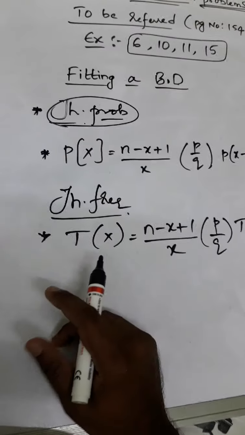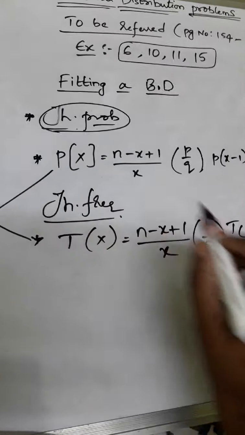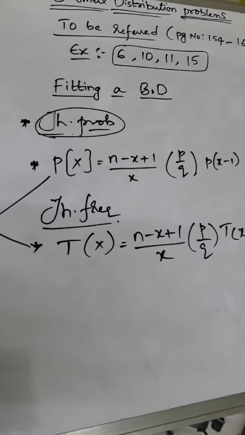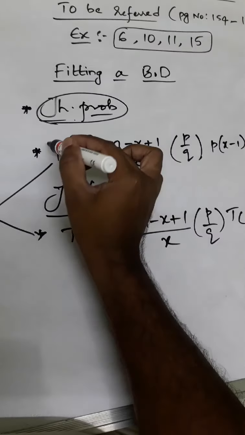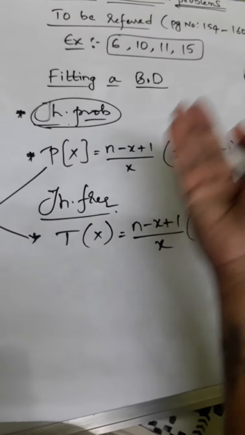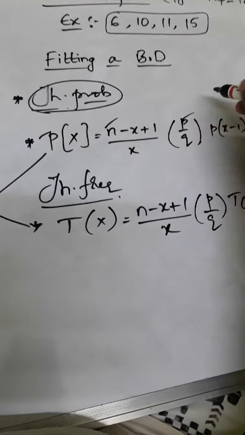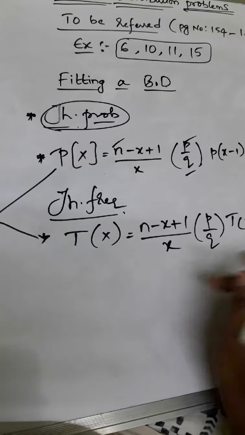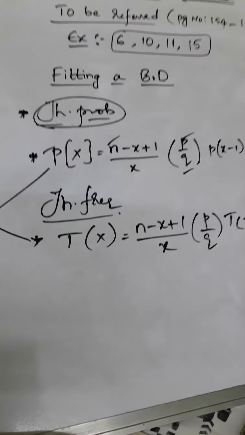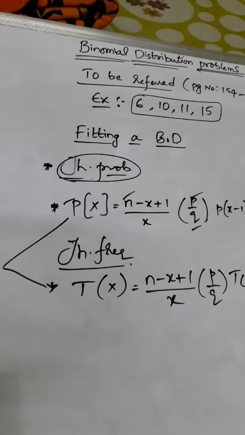You may ask one question: sir, what is the difference between probability and theoretical frequencies? Probability we can calculate directly by using the parameters n and p. When you have n, p and q, you can calculate these theoretical probabilities for fitting of binomial distribution.